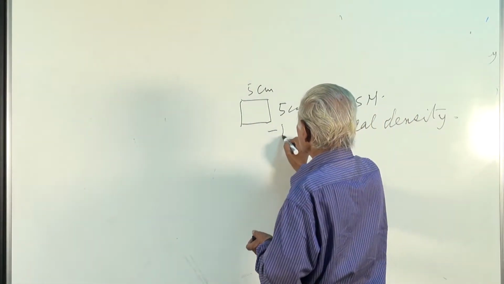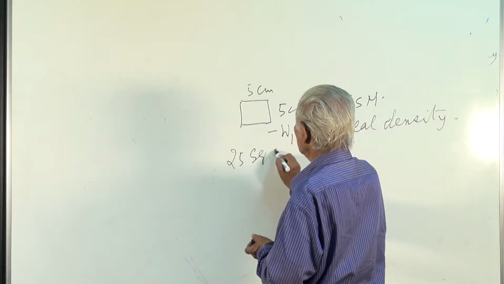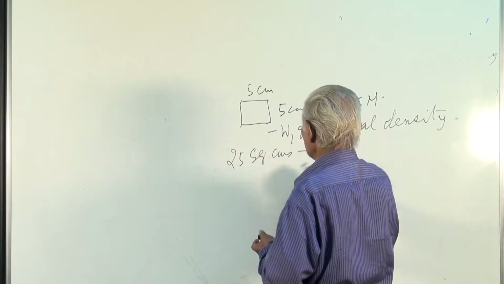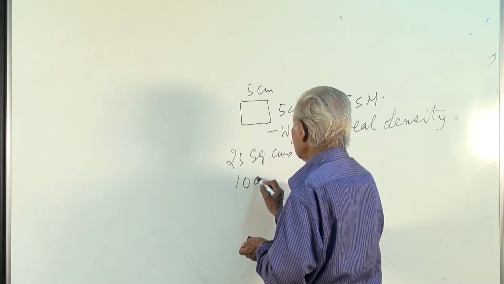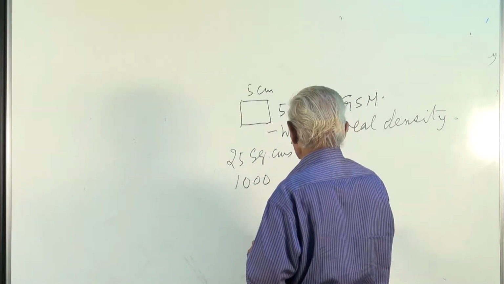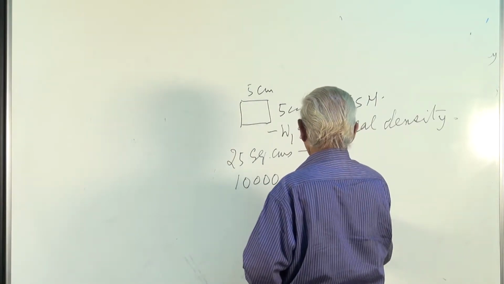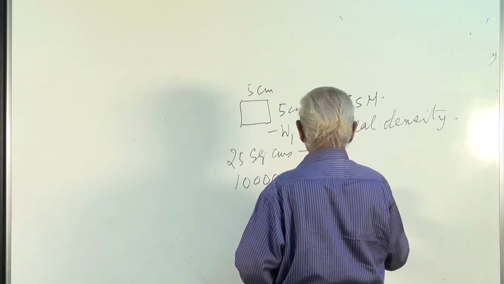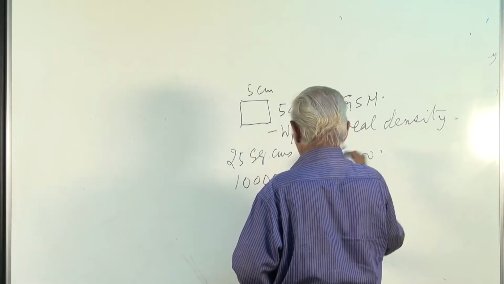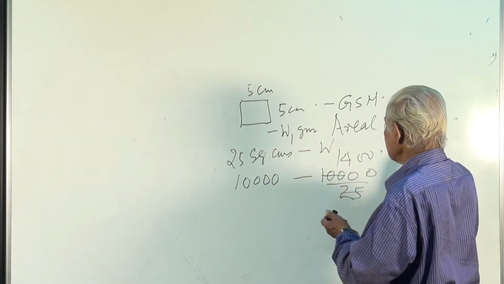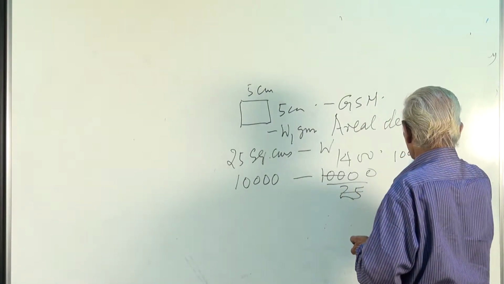So, if 25 square centimeters weigh W1 gram, therefore 100 into 100 divided by 25, so by multiplying this by 400, we get this gram per square meter. Because 100 into 100 is 1 followed by 4 ciphers.